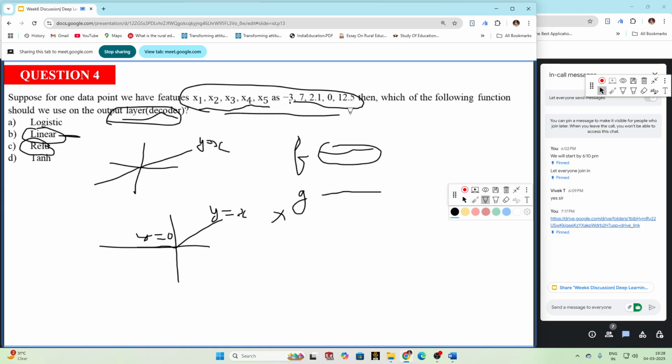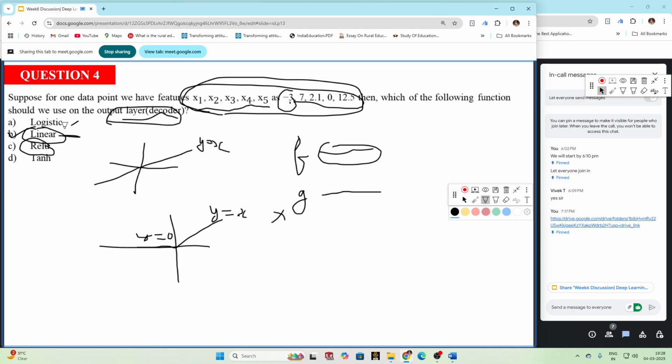But here you can see in the inputs we have a minus term here, and we have a minus term here. So we have to have the linear function for inputs lesser than 0 also. For this we cannot use relu, we have to only use the linear function.